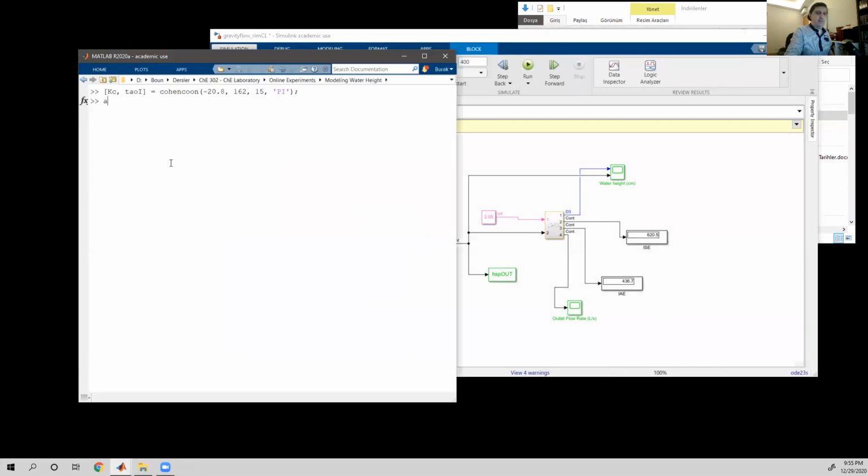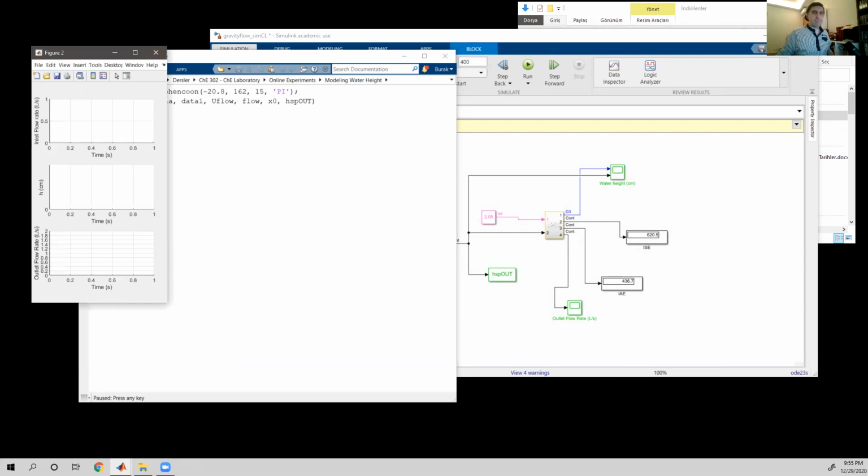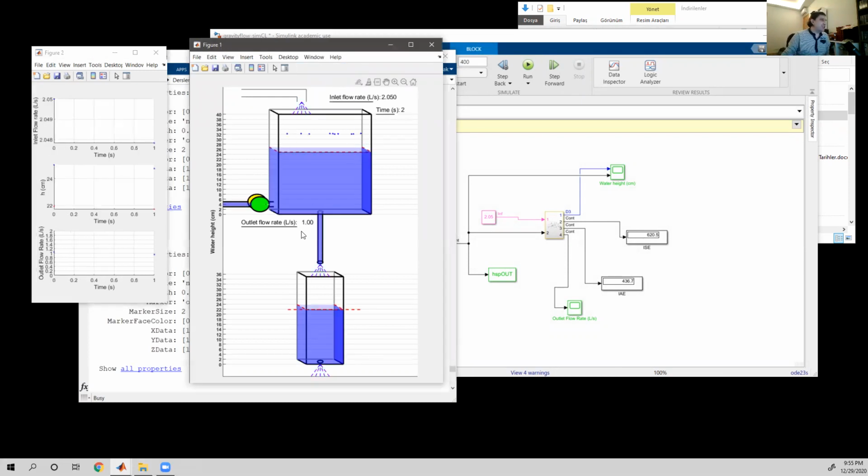all right. Now let's animate our model. Okay, the initial tank height is about 22 centimeters. These dashed lines show the initial heights.